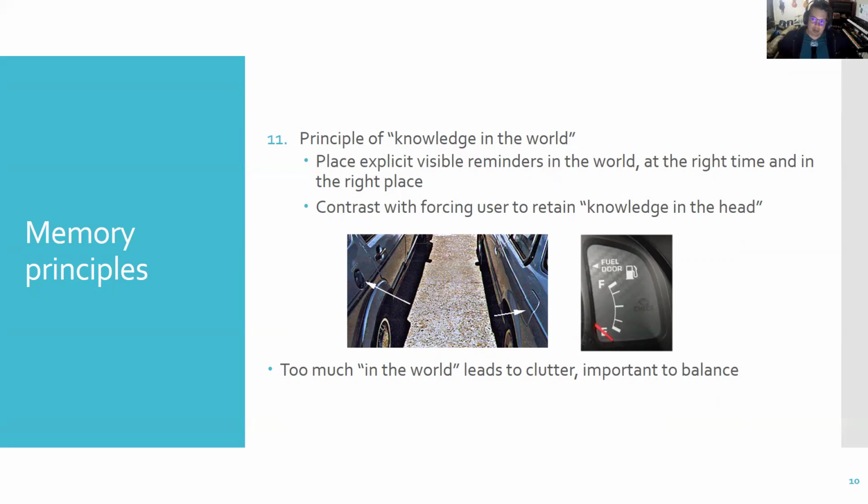So anyway, this concept of knowledge in the world, rather than putting the burden on the human to hold that knowledge in their head. Why make me remember that my gas tank is on the right if it costs very little to put a little indicator on my gas gauge, which I'm going to be looking at if I'm thinking about gas?